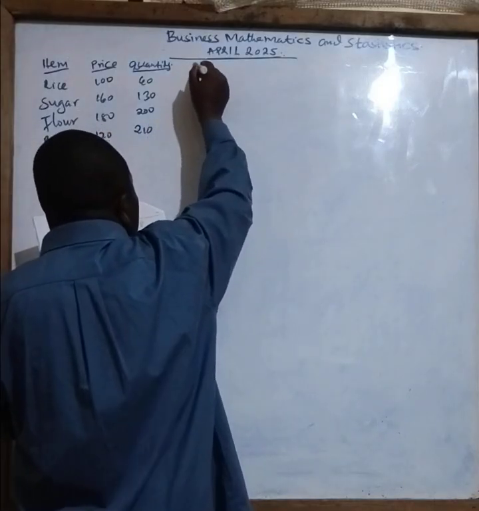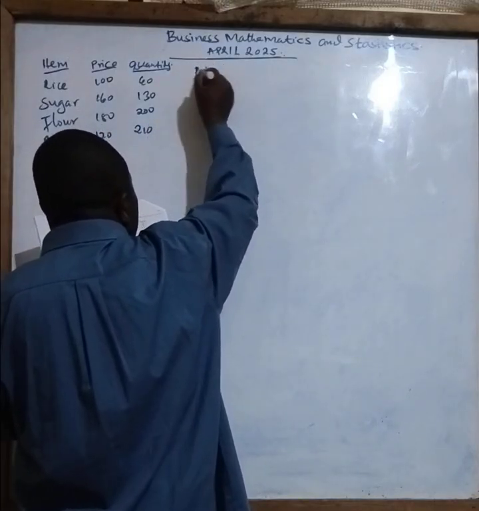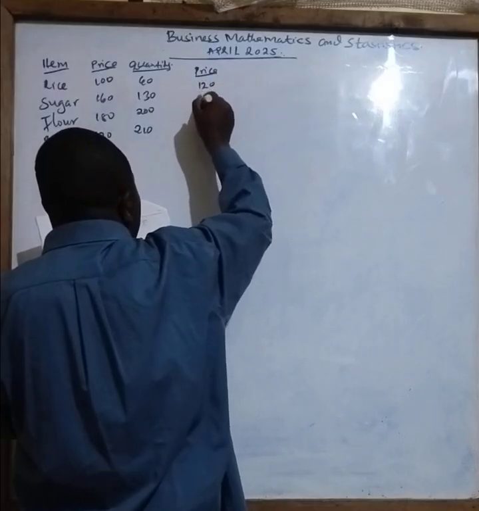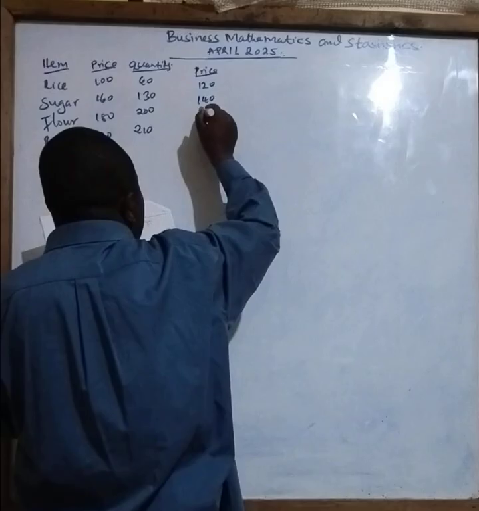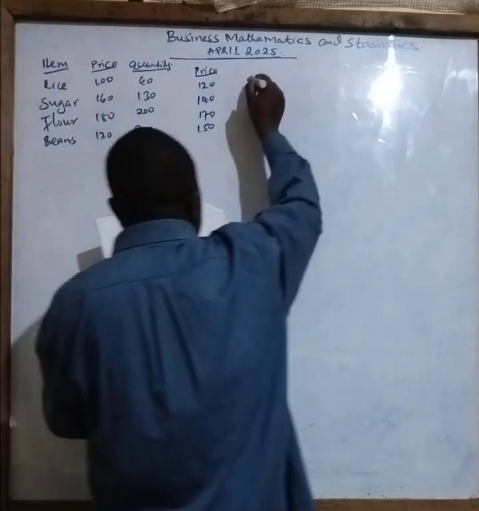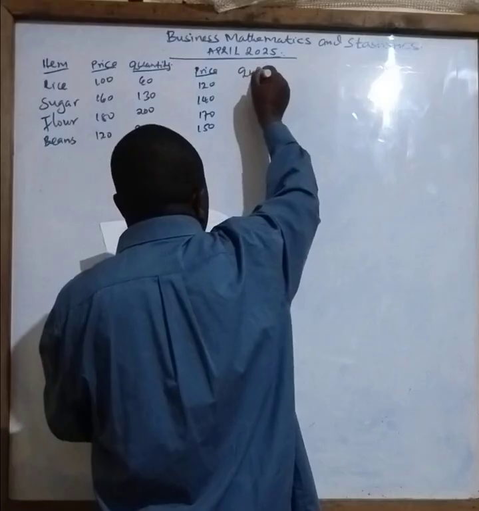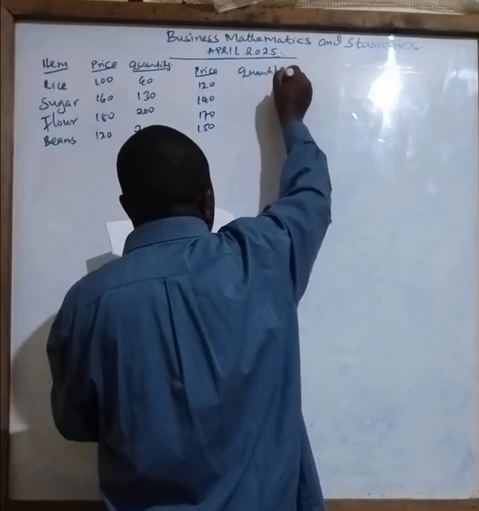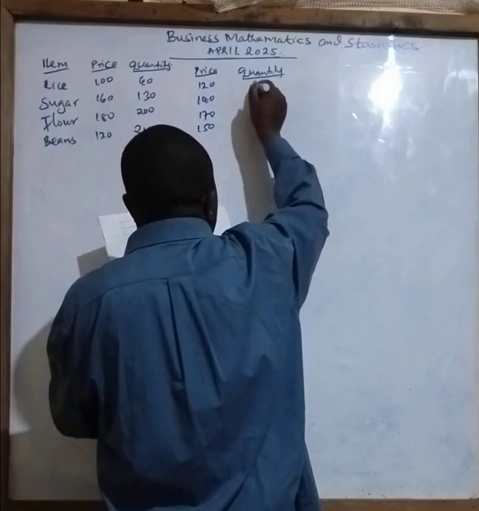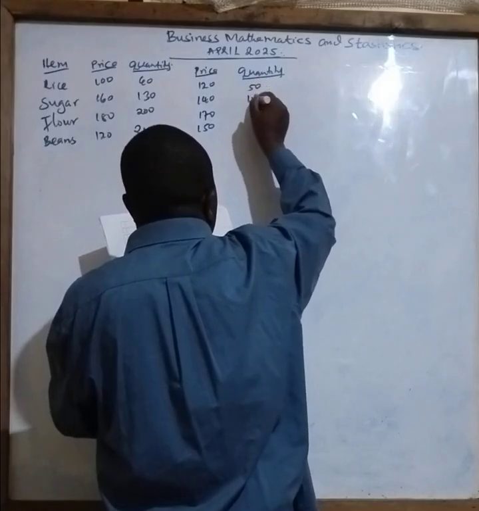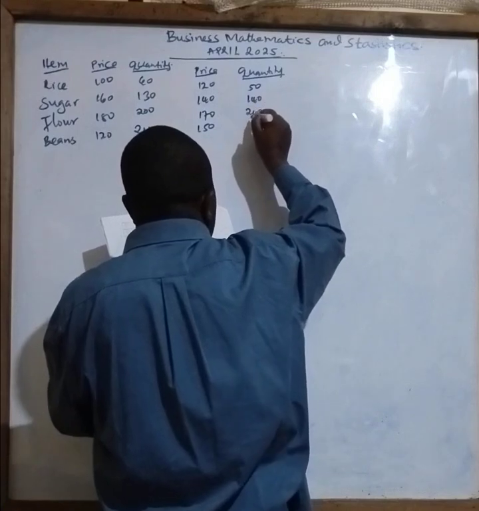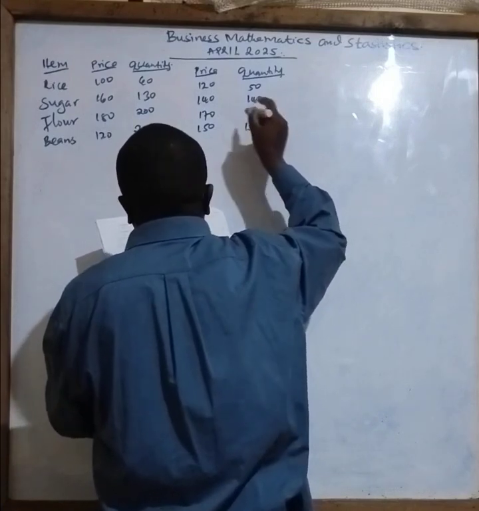Then we have the price, which is now 120, 140, 170, and 150. We have the quantity: 50, 140, 240, and 150.